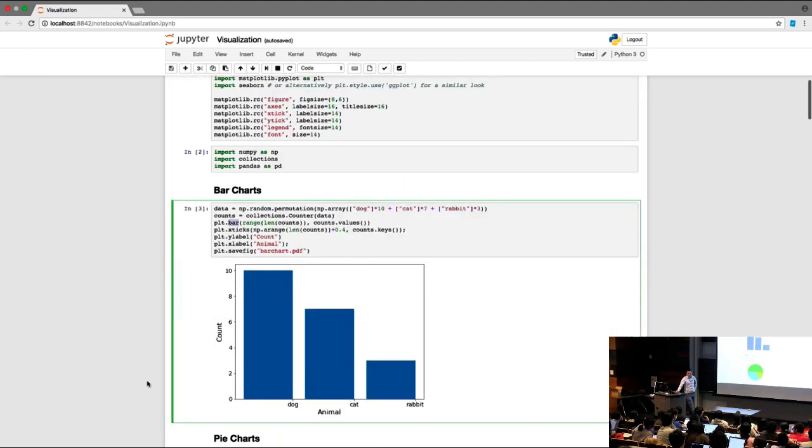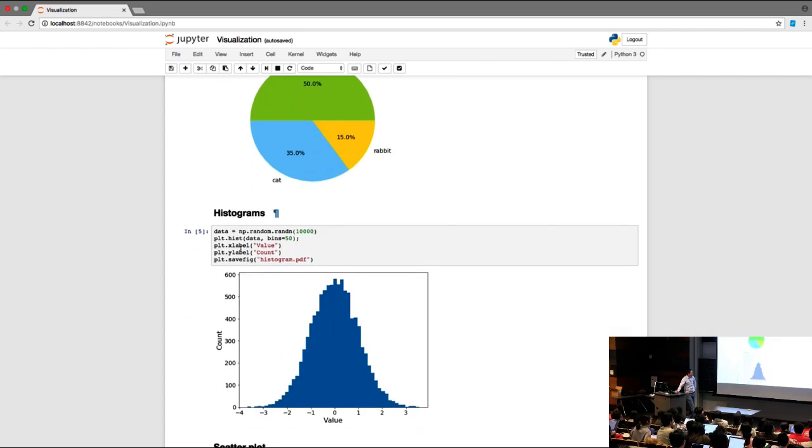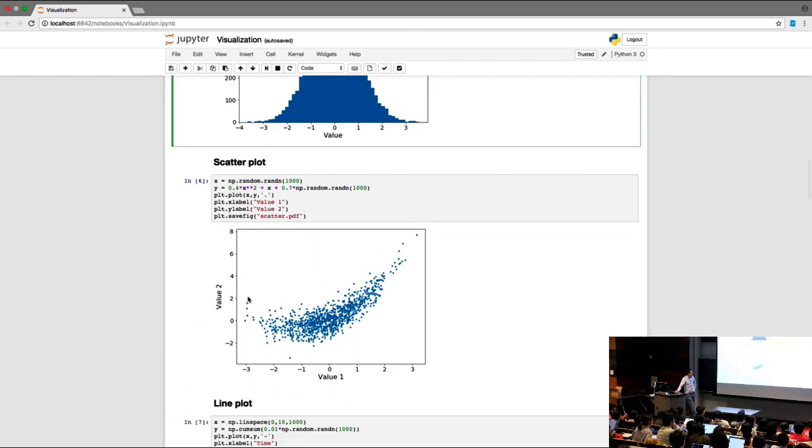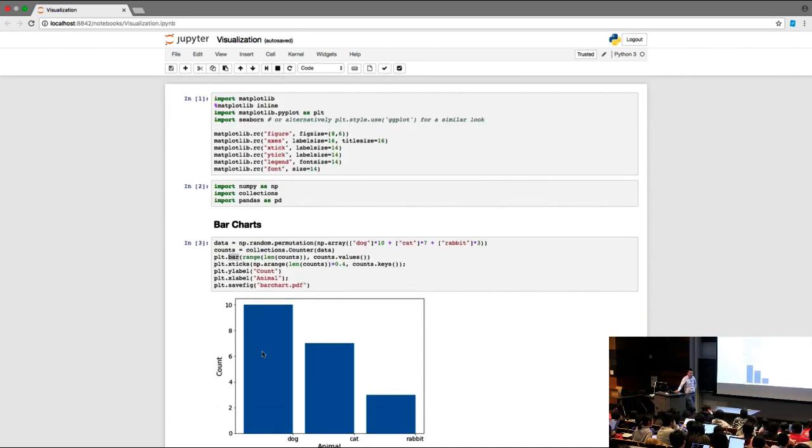Seaborn actually doesn't even include this command. It leaves it out entirely. Things like histograms, scatter plots, line plots, etc. I'll describe those more in the notes for this lecture, and I think we'll just move on next lecture to talking about vectors and matrices.